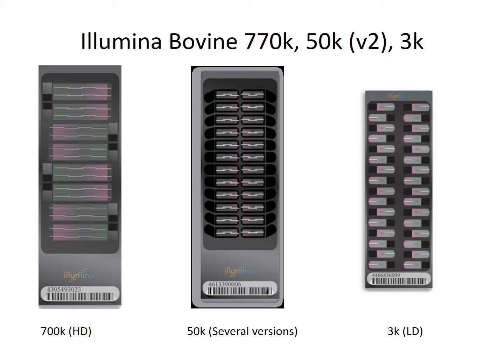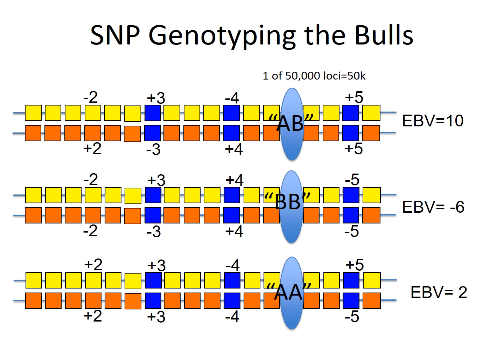So if I was to apply one of these chips to my bulls, what I would get back from the genotyping company is that at a particular location or place in the genome, some bulls are heterozygotes. They would be referred to as AB. Some individuals are homozygous. They might be referred to as BB.